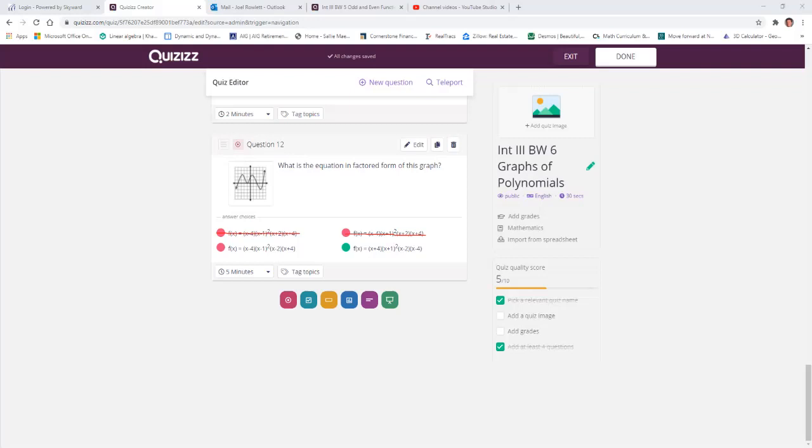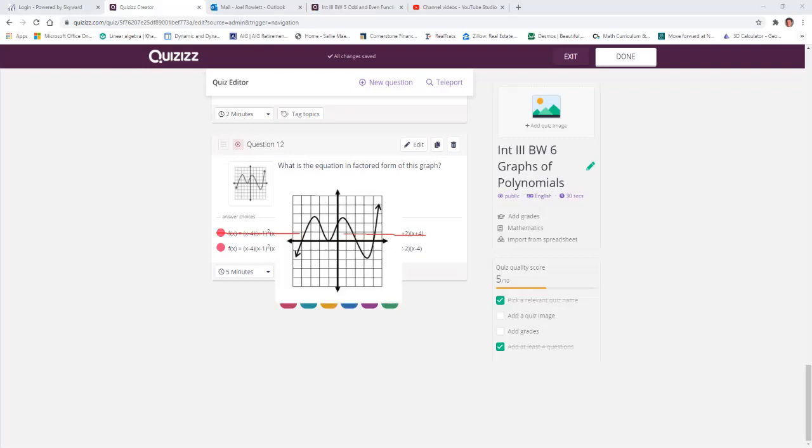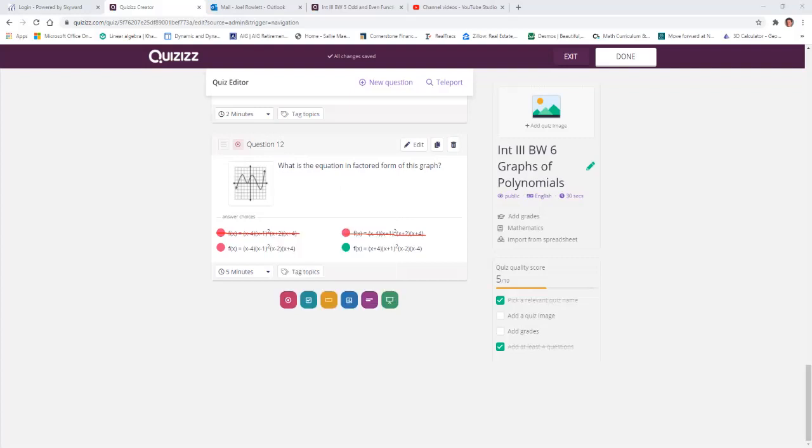Let's keep going. Let's go back to the graph and see if we can eliminate anything else. We have a 0 when x is -1. If -1 is a 0, then x plus 1 would have to be a factor. And I know that this one here does not have an x plus 1. So by default, just using what knowledge I have there, I was able to figure out, since it's multiple choice, what the answer is.